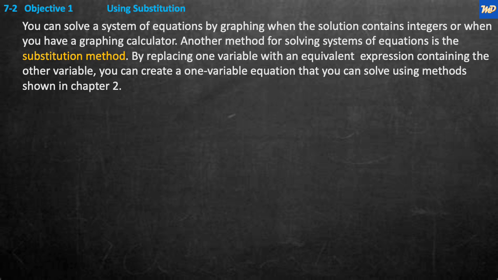But if they aren't integers, it's hard to find those at times. So by replacing one variable with an equivalent expression containing the other variable, you can create a one-variable equation that you can solve by using methods shown in Chapter 2. So please go look at Chapter 2. It'll help refresh your memory.